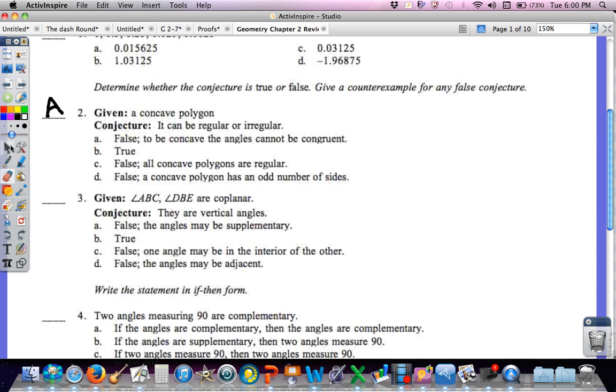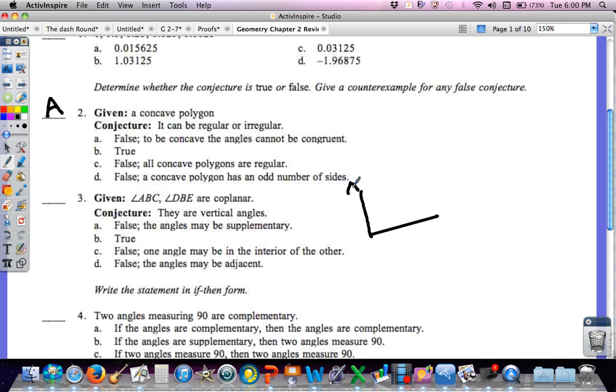Number 3, the correct answer is A, B, C, and C. Angle ABC and CBE are coplanar. So the question is, are they vertical angles? And the answer is C. No, they're not necessarily vertical, because one angle might be inside the other.